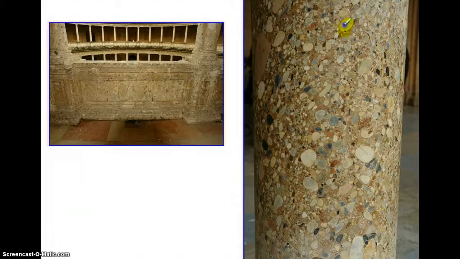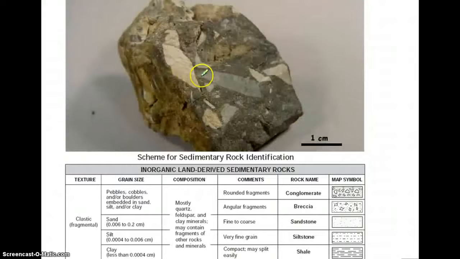And again, you can see the clasts, you can see these large rounded grains. Now, if there are large pieces that are not rounded, but are sharp and angular with jagged edges, then that rock is called a breccia. So again, conglomerates have rounded fragments, breccias have angular fragments.